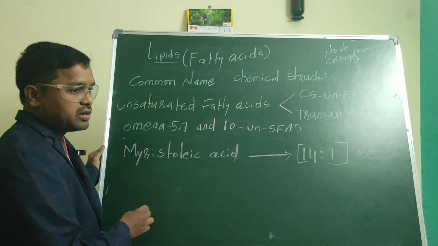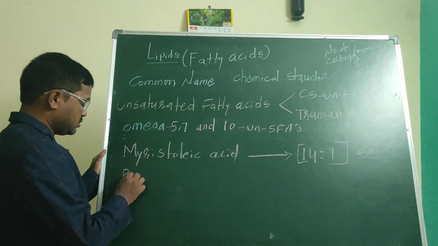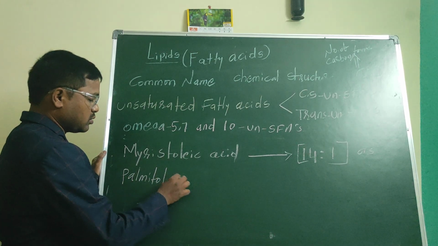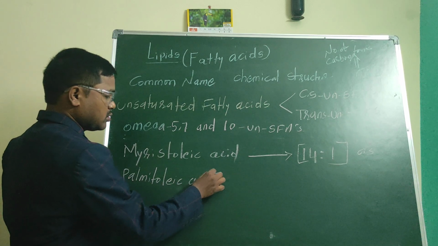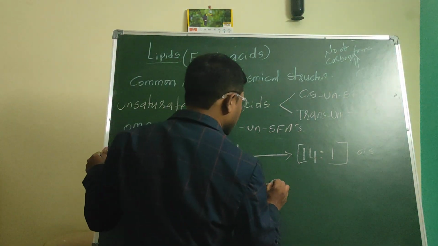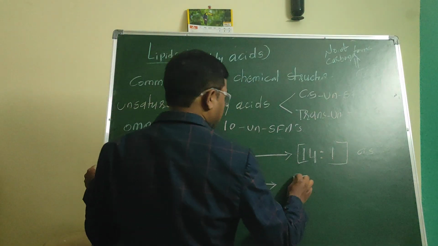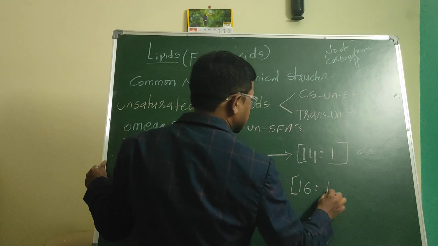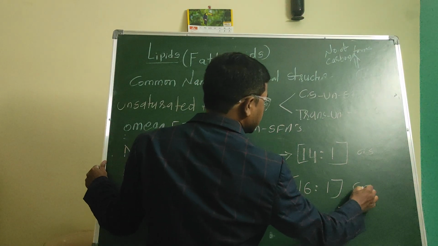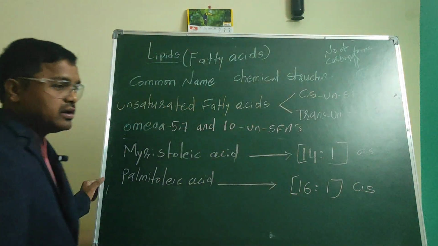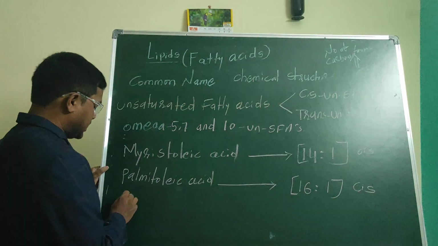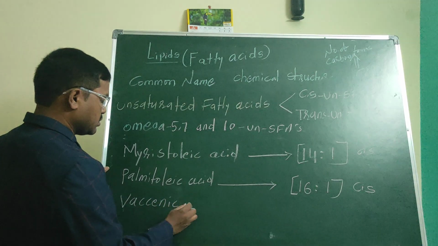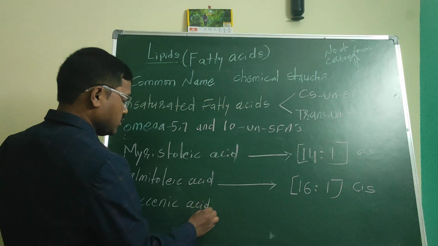Next, palmitoleic acid. The number of carbon atoms is 16 and the number of double bonds is 1, and this is 6. Next, ricinoleic acid.